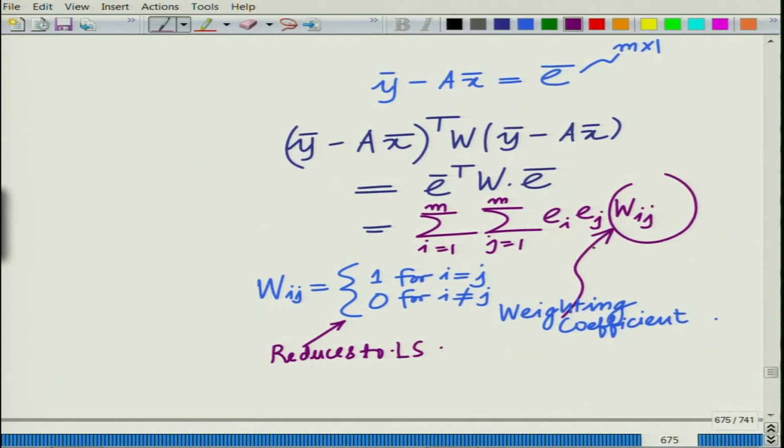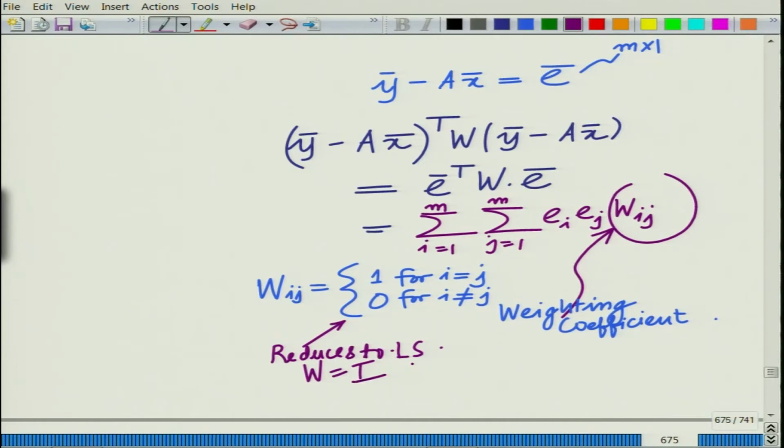Because this only survives when i equals j, this becomes the summation of magnitude e_i squared, which is nothing but the norm of e bar squared. So this reduces to the LS when W is the identity matrix, that is, the weighting matrix is the diagonal matrix with all ones, then it reduces to your conventional least squares.